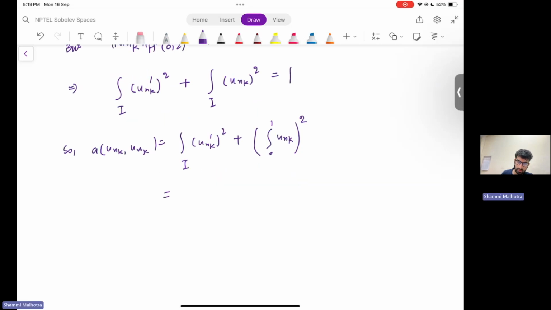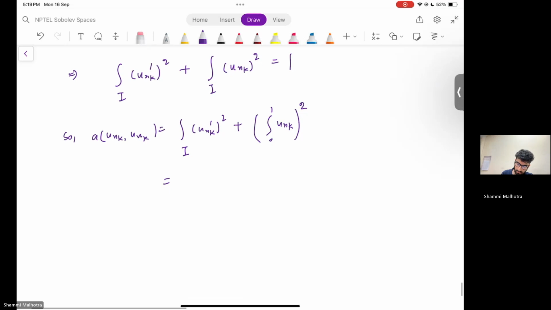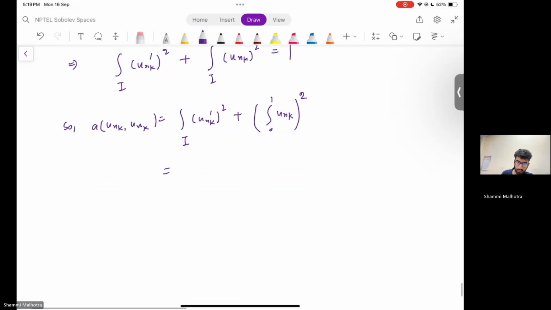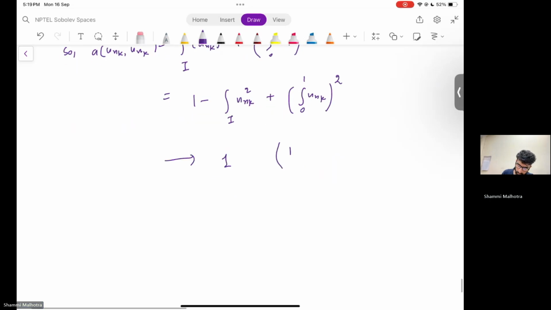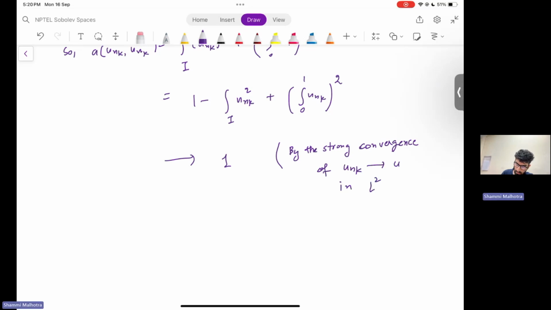And this can be written as follows. Now the u_nk dash term can be written as 1 minus the integration over I of u_nk square, plus the integration of 0 to 1 of u_nk whole to power 2, but this goes to 1 by the strong convergence of u_nk to u in L2 as well as L1.